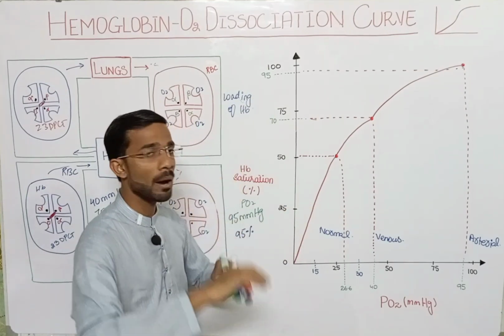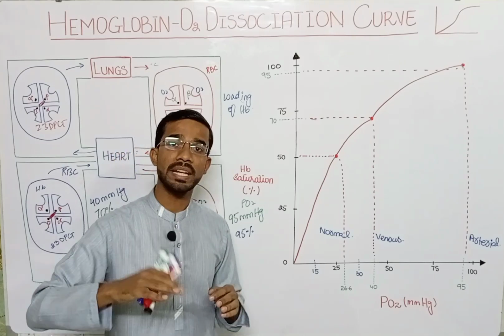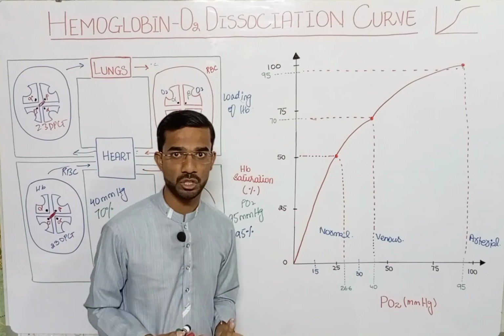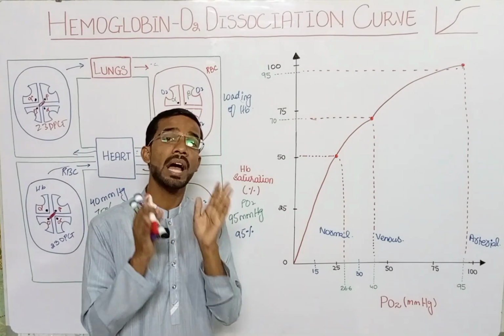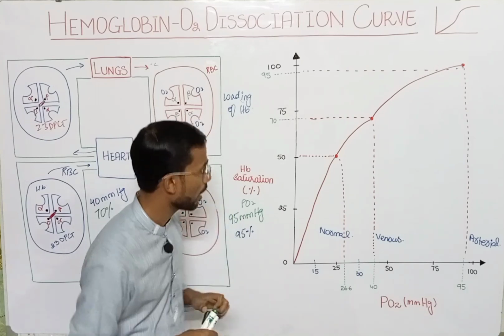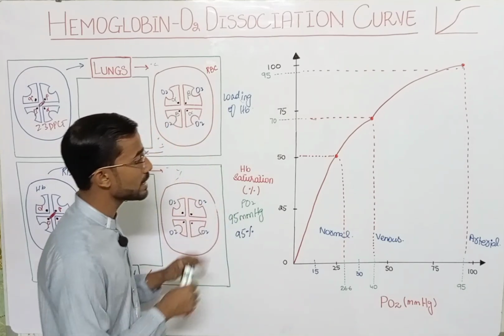It means some amount of oxygen is unloaded in the lungs before the blood exits. So keep in mind, hemoglobin can be 100% saturated.